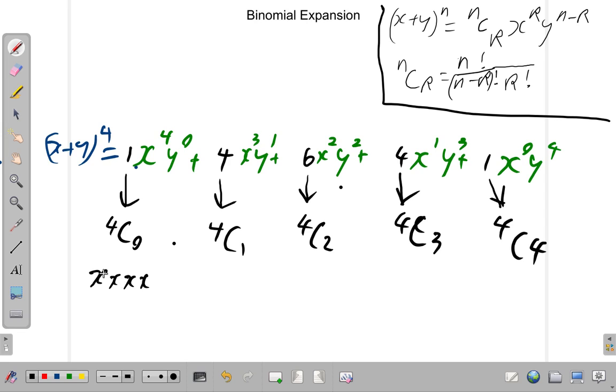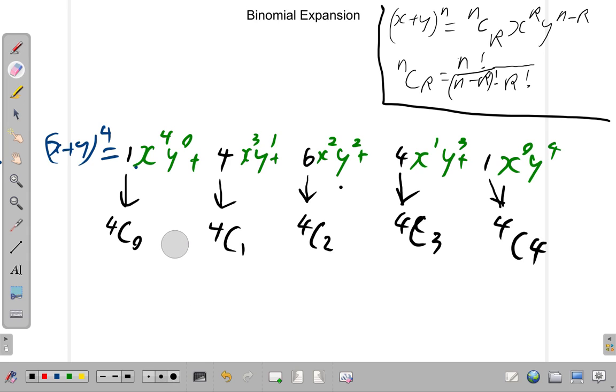Only one way. If you care about this x being different from the other x's, you might want to put it first, then the other x there. If this x is special, and then you arrange it as x, then the special x here, and so on. Those are permutations. In combinations, the order does not matter. So in here, there's only one combination, one arrangement. So you have 1 times x to the 4 y to the 0.